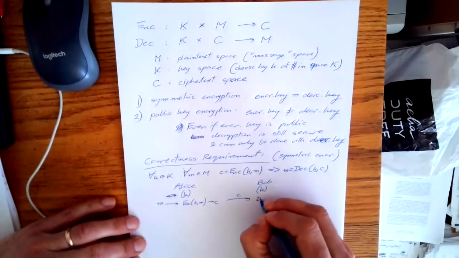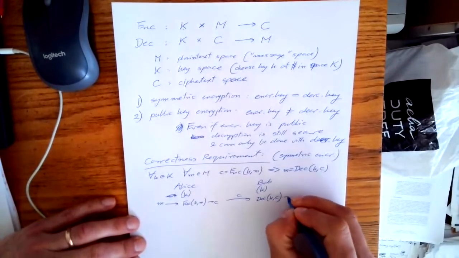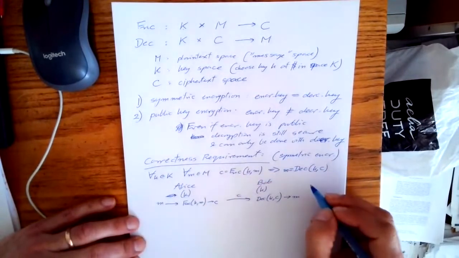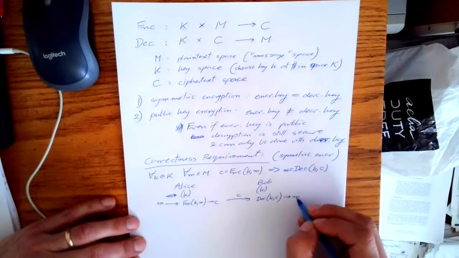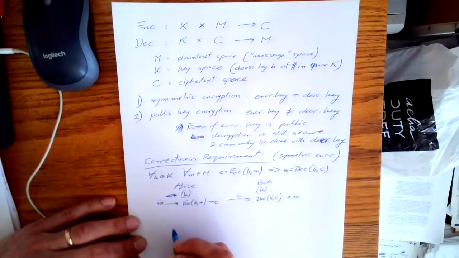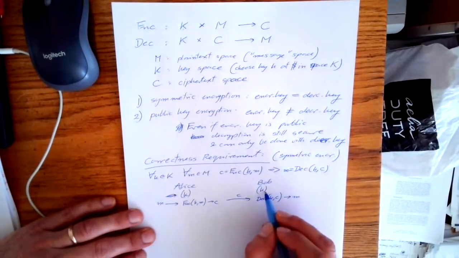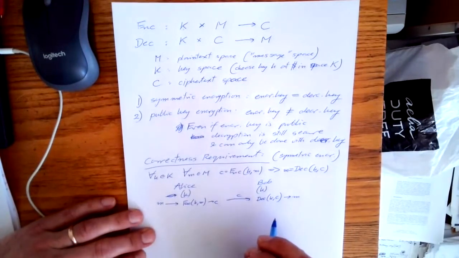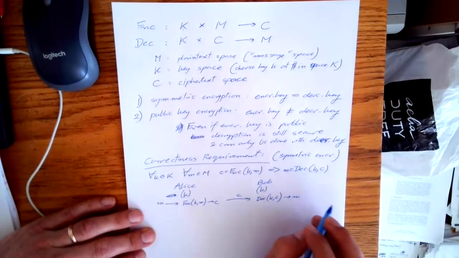Bob will locally take this, apply the decryption function, and output M. And the correctness requirement basically means that this output is the same as what Alice wanted to send, right? So if these two really have the same key, and nobody messes with the ciphertext on the way between Alice and Bob, then it will be dandy, right?